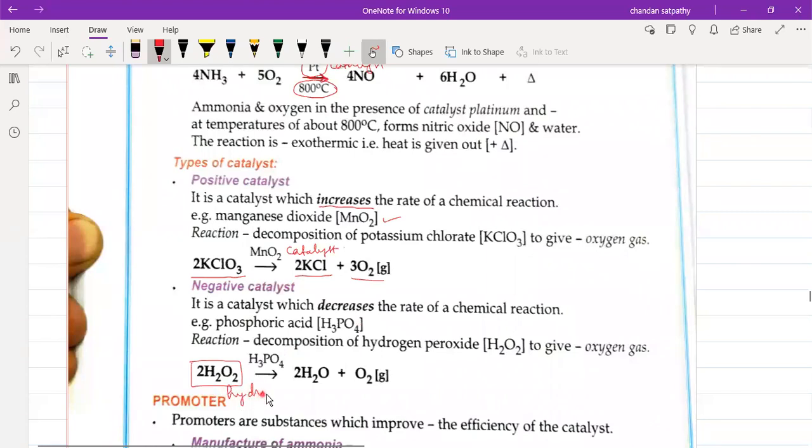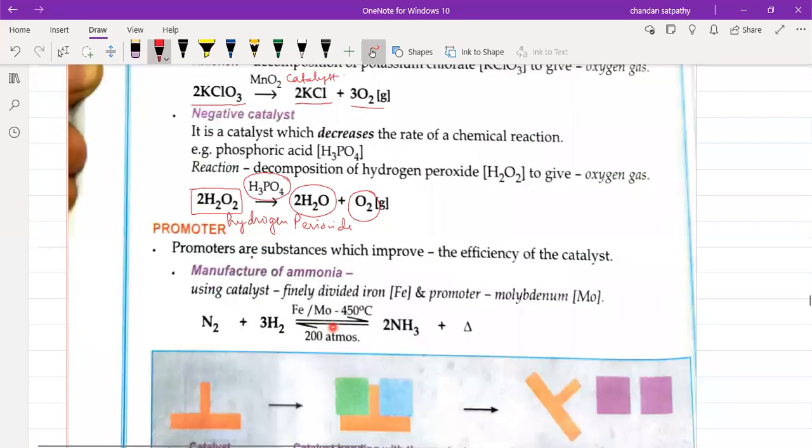When hydrogen peroxide is heated, it forms water and oxygen. But it is a very fast reaction. So to slow the reaction, we add a catalyst known as phosphoric acid. Phosphoric acid slows down the reaction. Hence it is called a negative catalyst.